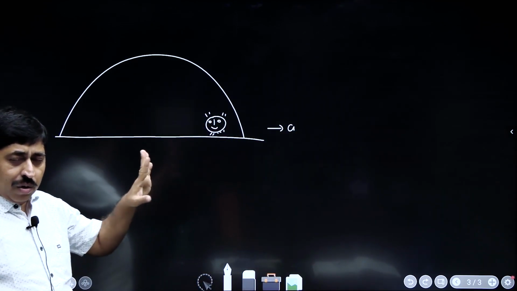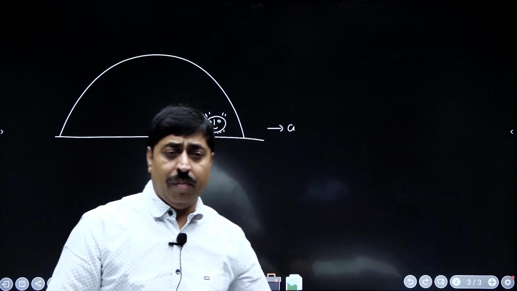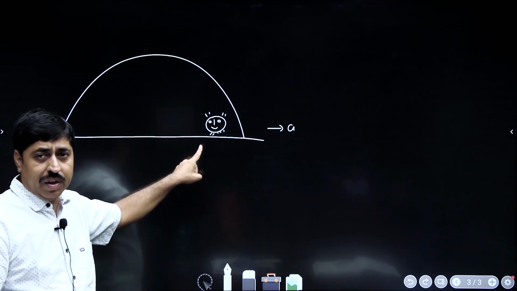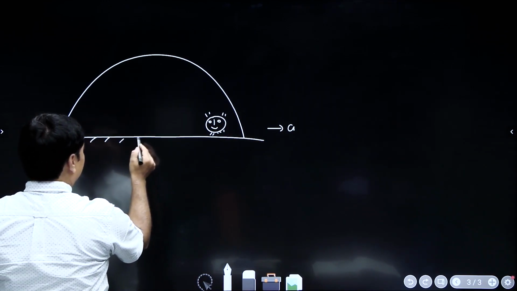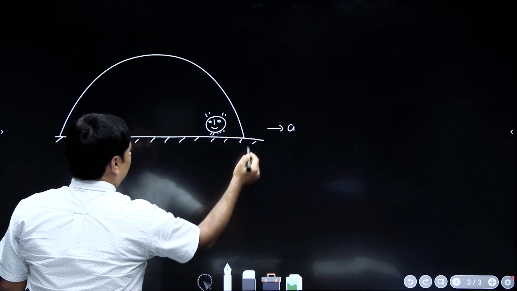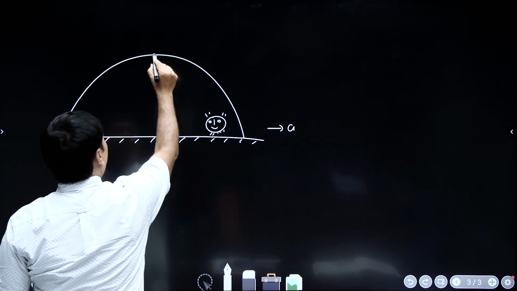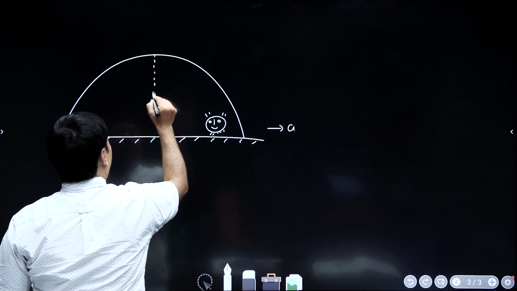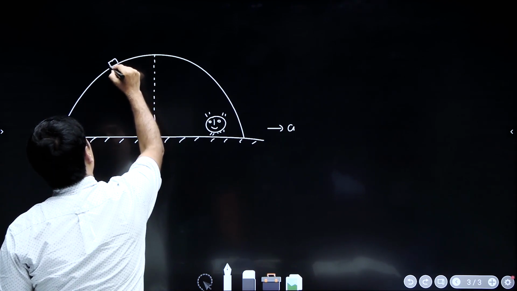So we are looking at the motion of the block in the reference frame of this hemisphere itself, right? And whatever I am going to say and write will be valid for this observer only. So initially the block is here, and after some time it moves to this position.